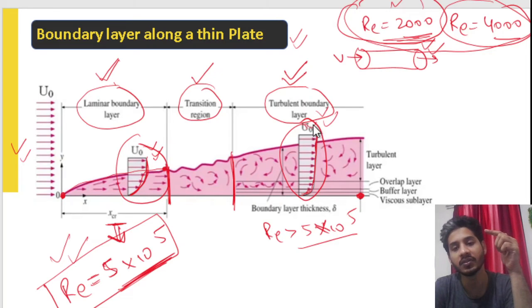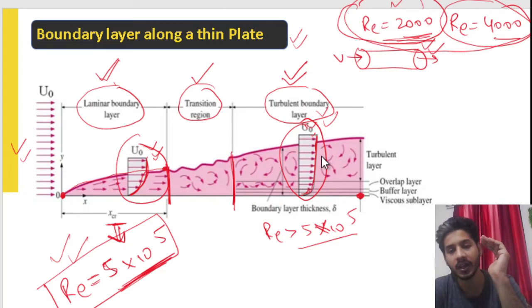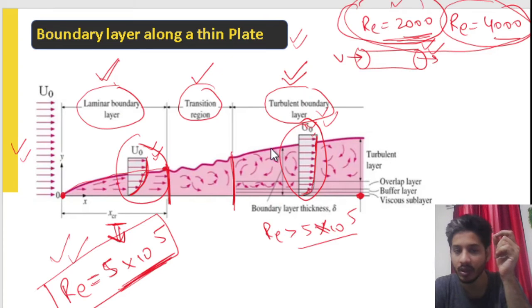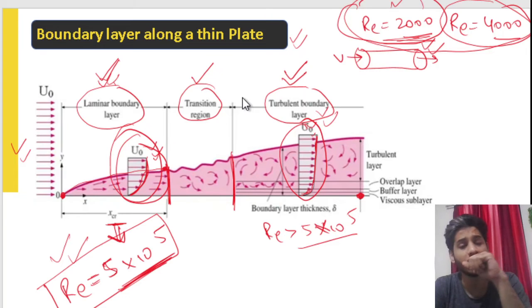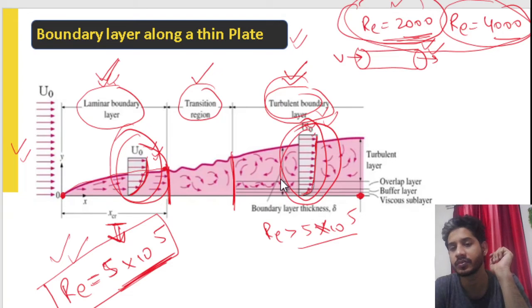This small flattened part is basically a logarithmic graph. This question was also asked in previous year GATE questions: what is the velocity distribution in laminar? It's parabolic. What is the velocity distribution in turbulent? It's logarithmic. Please do remember it, and the graph also.